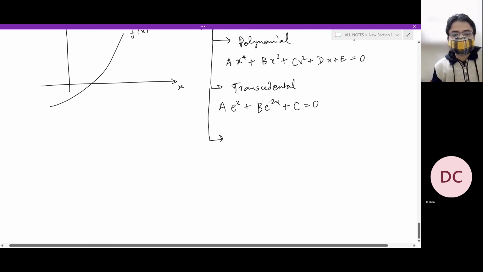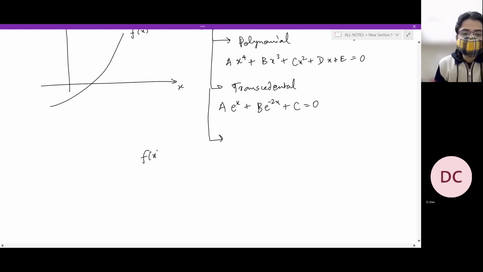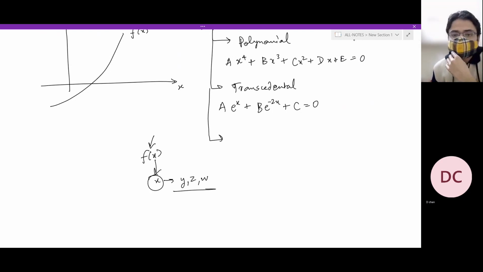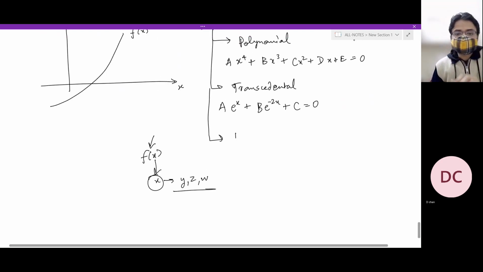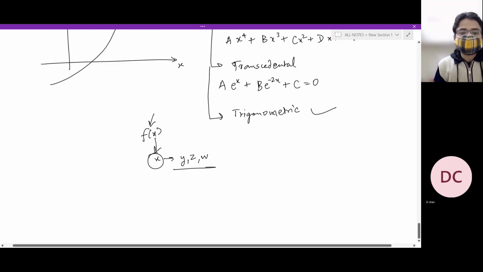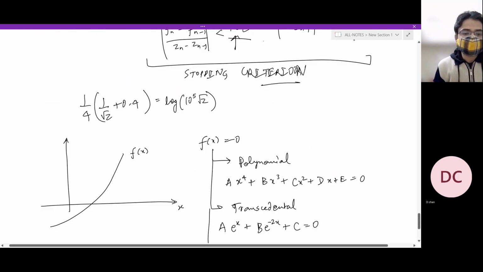The key concern is that f of x is a function in a single variable, that is x. And this x could be anything, y, z, w, anything. This is just a form of the representation, the symbolism. Another part could be something like a trigonometric function. You might be well aware of what trigonometric functions are, so I don't think I need to mention that here.